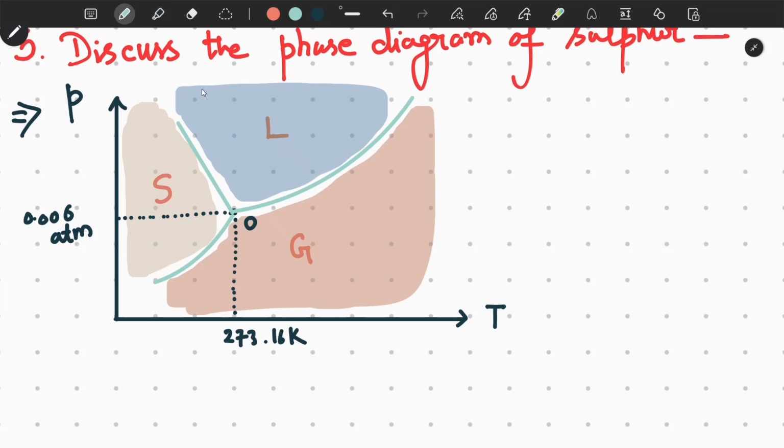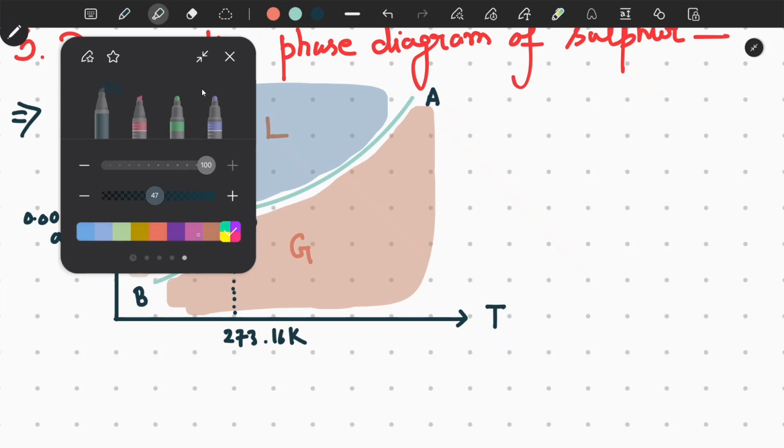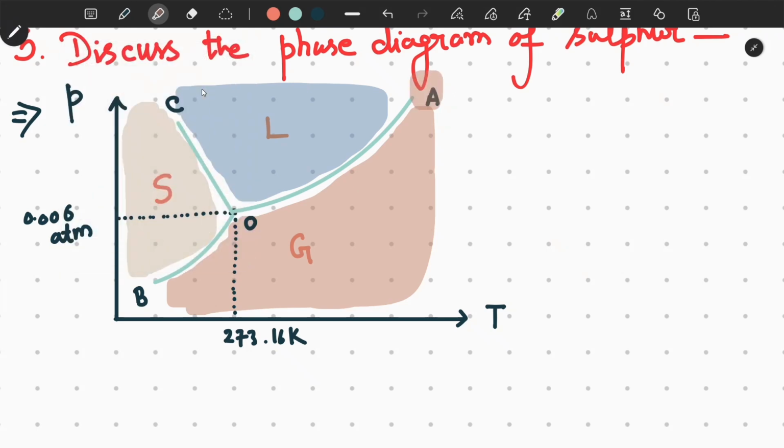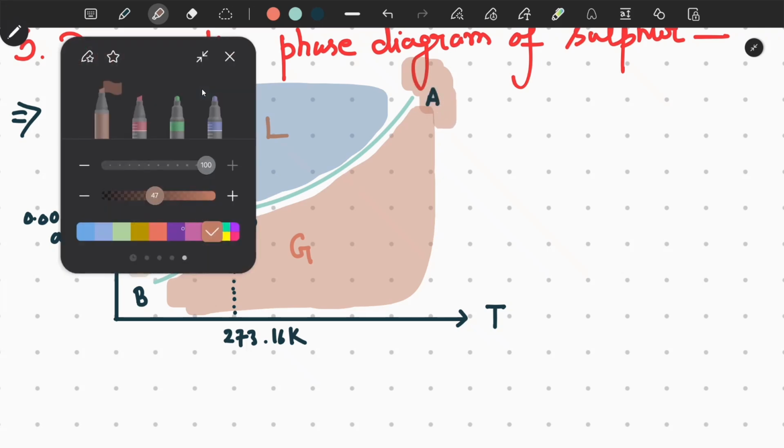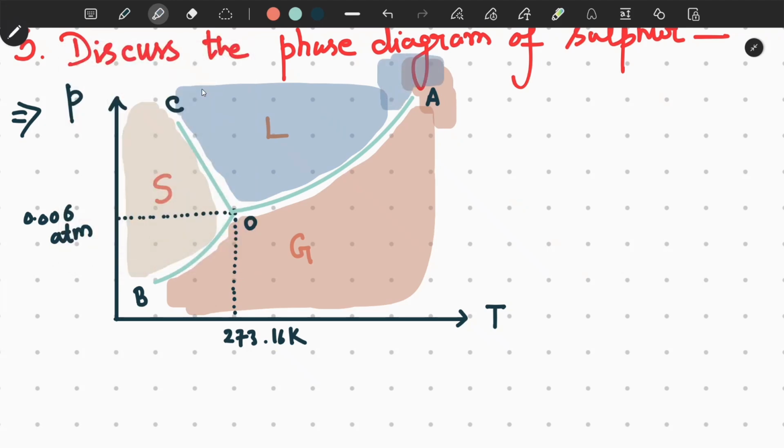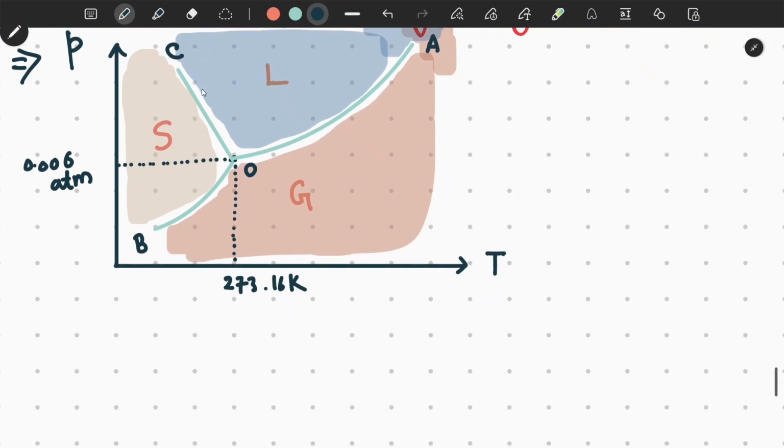So O, A, C, B. These are the points. After point A it will be gas, but the thing will not be the same, it will be mixed like this. So I think this is now clear.